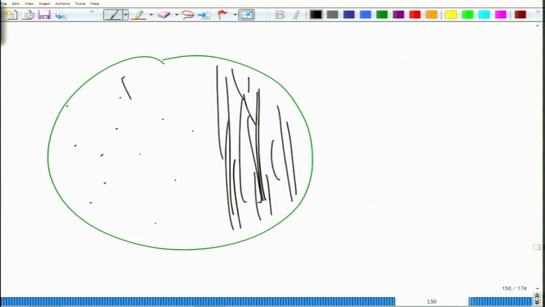So, for instance, if you take just one sample here and you take this density and you extrapolate it to the whole of the forest, then your final estimate would be a very gross underestimation, because you will say that here you have a very less density of animals. So, you are extrapolating and you are saying that the whole area has a very less density. On the other hand, if you are taking a quadrat only here, then you might overestimate the number or the density of animals.